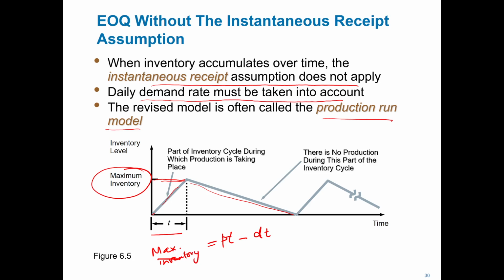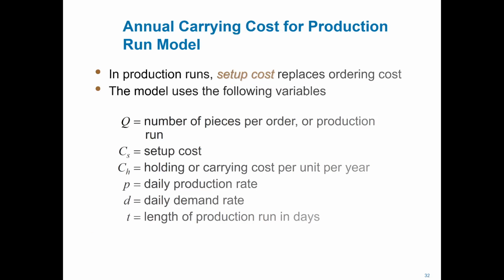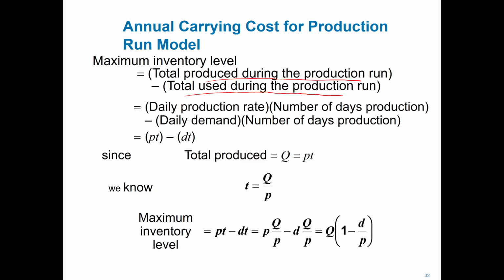Let's look at that. Here we have the daily production rate into the number of days of production, minus the daily demand into the number of days of production. We have PT minus DT as the maximum inventory level. The total produced is Q equal to P into T, the production rate multiplied by the total cycle of production.